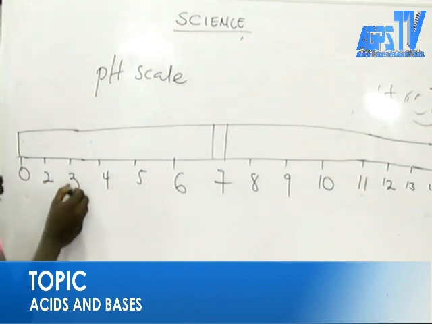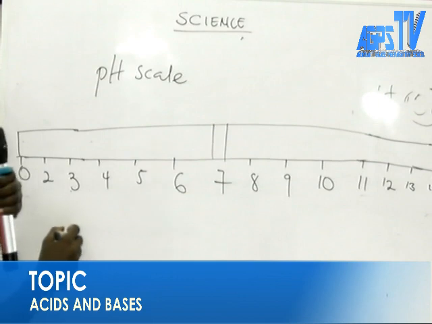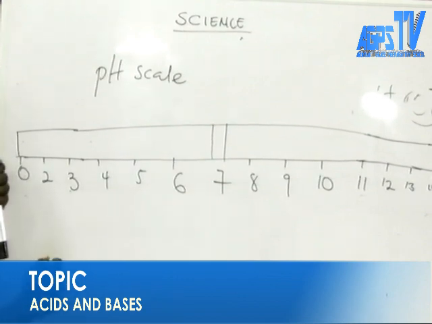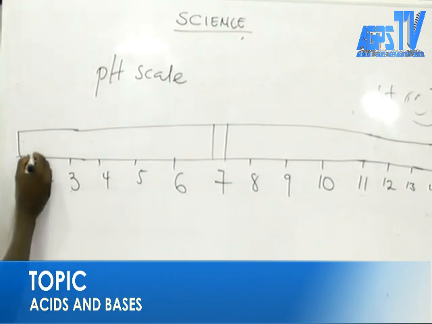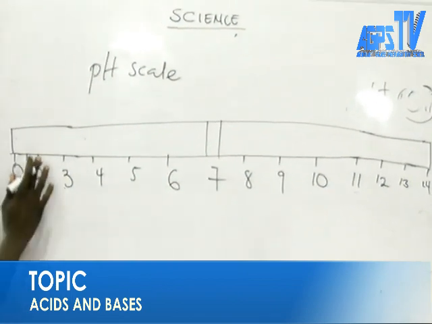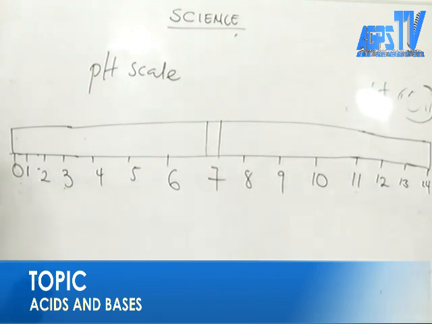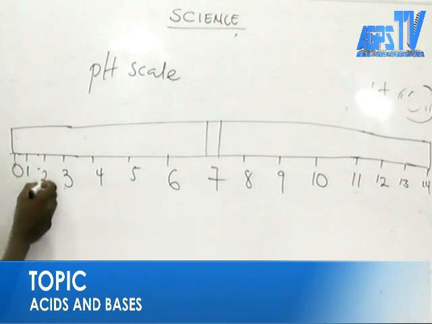Now, from 0 to 3, this range of pH are very strong or concentrated acid. In some books they range from 0 to 2.